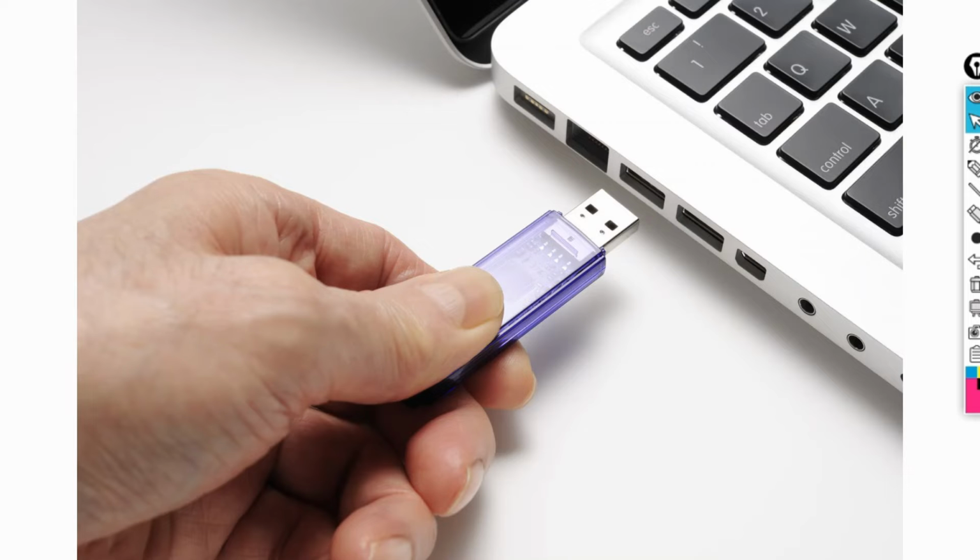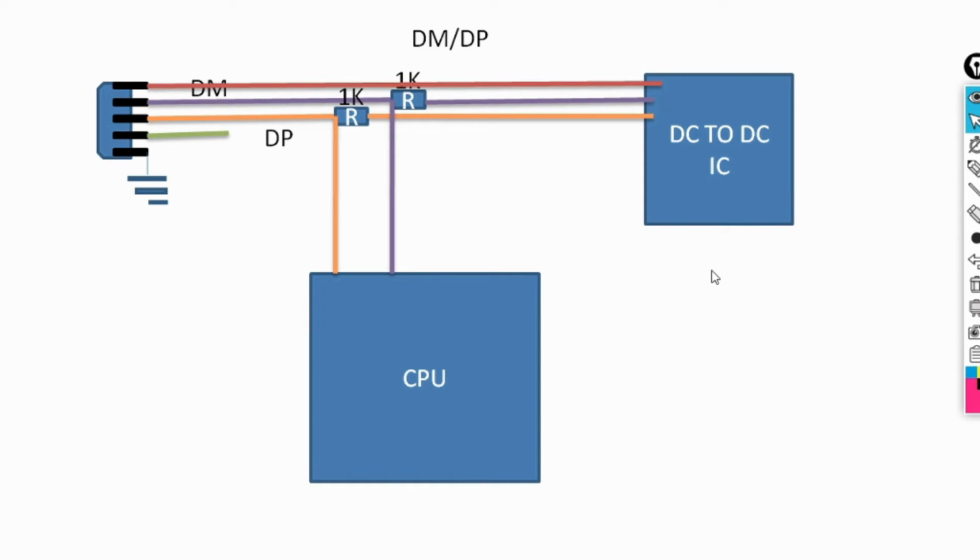Now how does this line work when these devices, your flash drive or pen drive, are attached to your phone? Now let's see. This line is connected with your PMI or DC to DC IC, right? This line has 1.8 voltage.